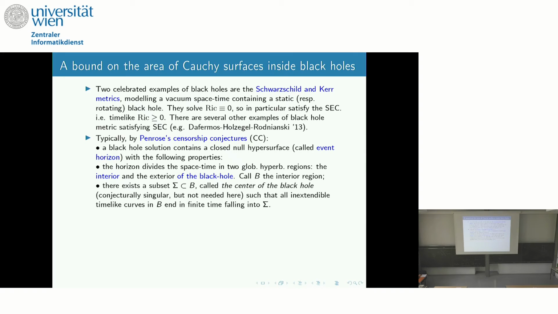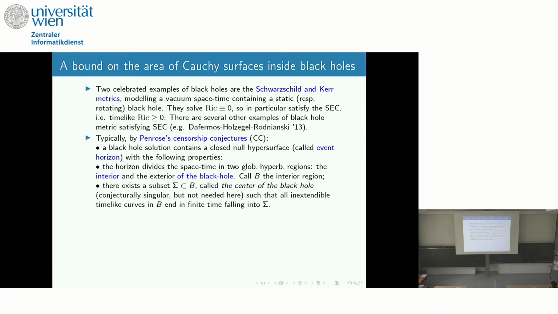Let's call B the interior. And then in the interior of the black hole, there exists a subset, sigma, which is called the center of the black hole, which is conjecturally singular in the Penrose conjecture, but we don't need it to be singular. What we just need is that all the inextendible timelike curves in B end in finite time falling into sigma.